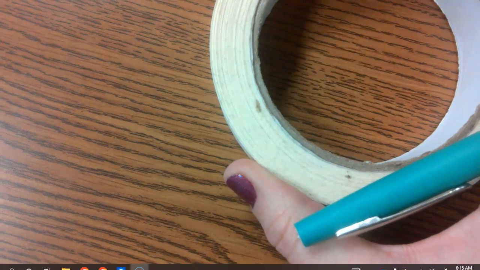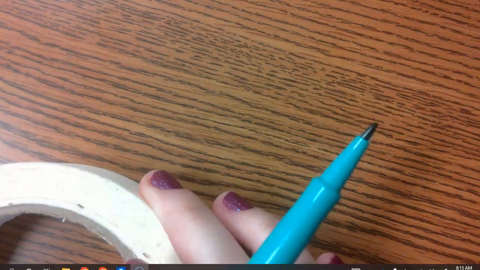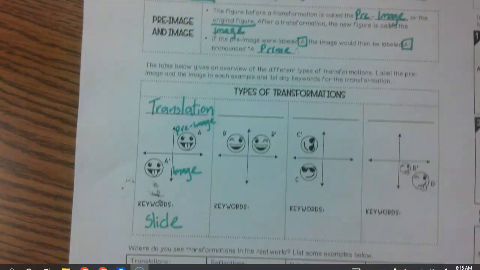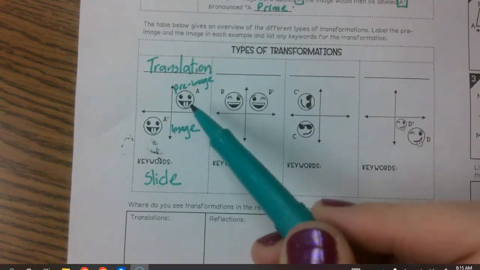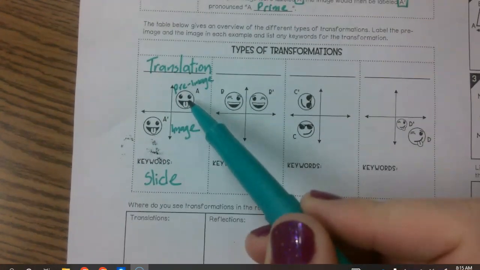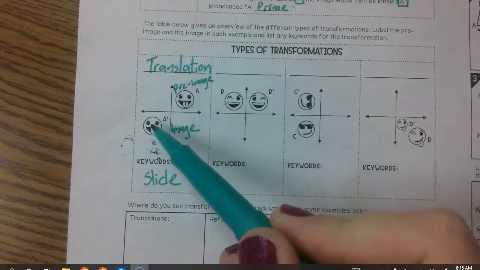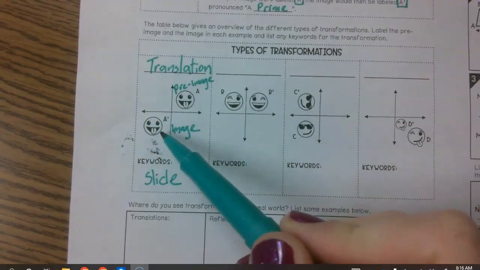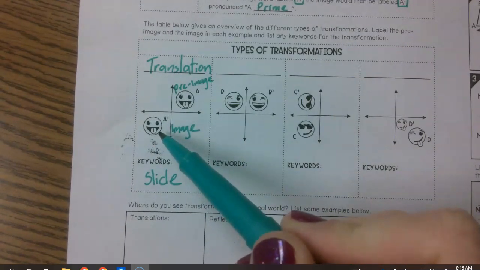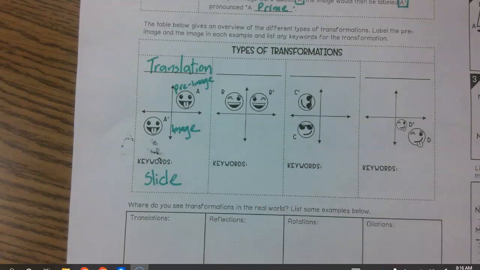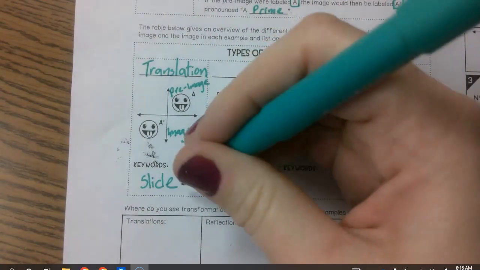All it did was slide to a new location. Okay, now let's look back at the smiley face and look at what that looks like. Okay, image started here, and there was a slide, and now it is in this location over here. Nothing else about the image has changed. It's just in a new location. Okay, so that's a translation, when we slide to a new location.